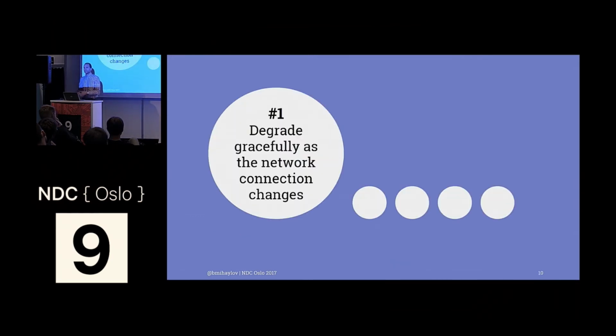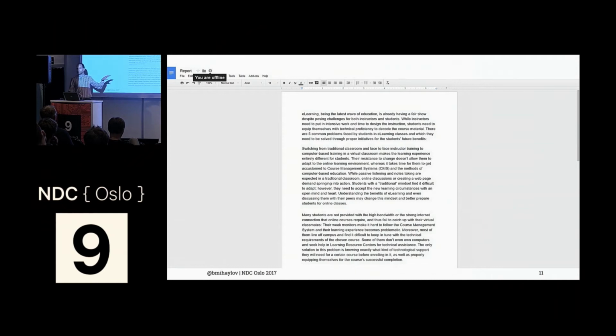One of the first steps is, when the internet connection drops, please degrade gracefully. Basically, don't crash my app or show me any warnings. Just show me maybe a message about what's happening. In our example, this is Google Docs. I guess most of you know it.